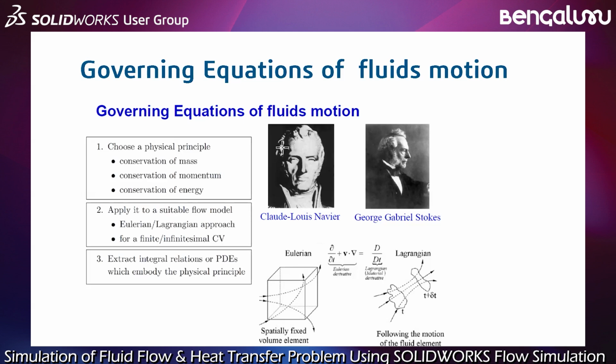And we may apply what we name the Eulerian or Lagrangian approach, okay? For a small control volume, the Eulerian approach is around a fixed control volume, what we name a spatially fixed volume element. And the Lagrangian approach is to follow the motion of a fluid element, okay, which is moving.